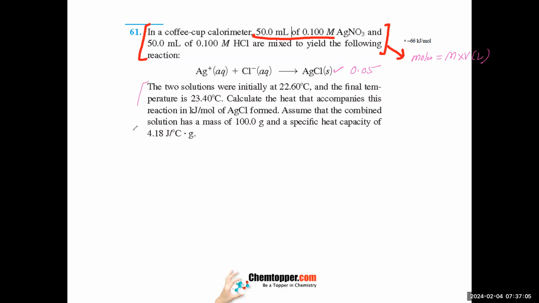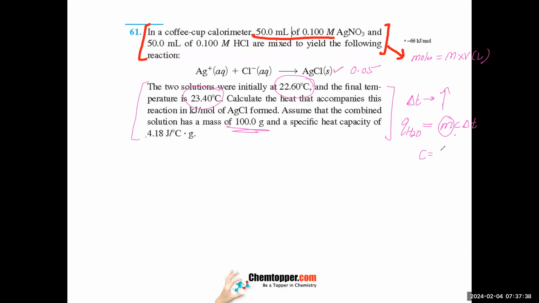Then from this part, you observed delta T. The temperature is going up, which means water is gaining heat. From there, you use the equation mc delta T. You have the mass of the water, and I explained that the density of water is 1 gram per ml, so mass is generally volume. You have the C.